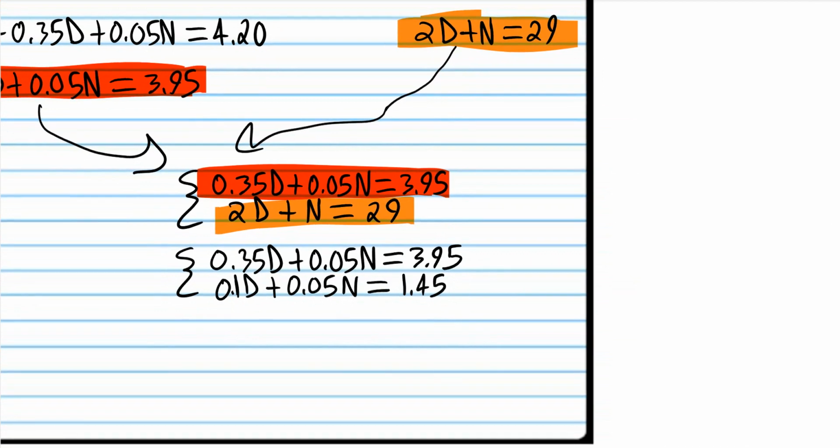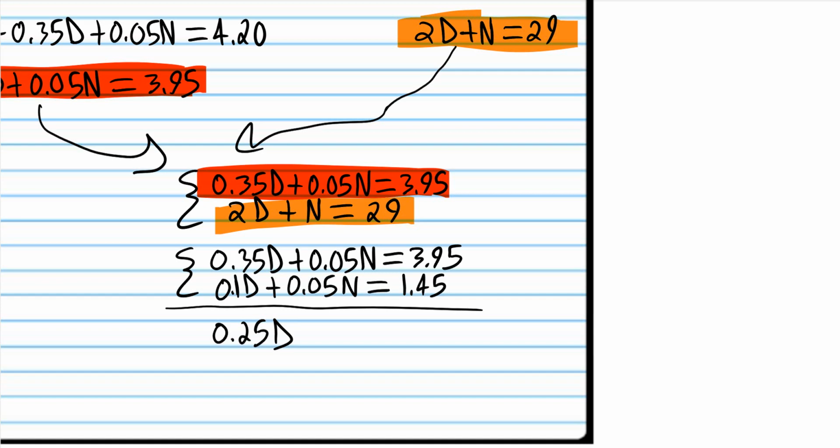And the reason that this is beneficial is because now we can subtract the bottom equation from the top equation, and these cancel out. You can also multiply both sides of the orange equation by negative 0.05 and then add the equations together. Either way is fine. So I'm going to subtract these, and I get 0.25d.